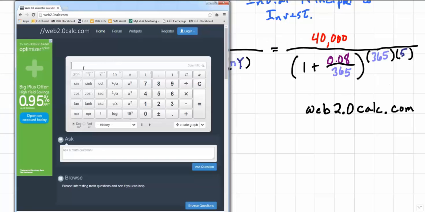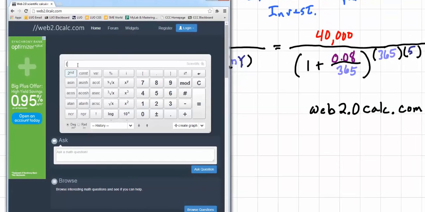So let's go ahead and type this in exactly as it's written. I'm going to do an open parentheses, type in 40,000, close the parentheses, and type divide. I'm using the keyboard input, but you can use a mouse input to click into this if you want to. Then I'm going to open a set of parentheses.